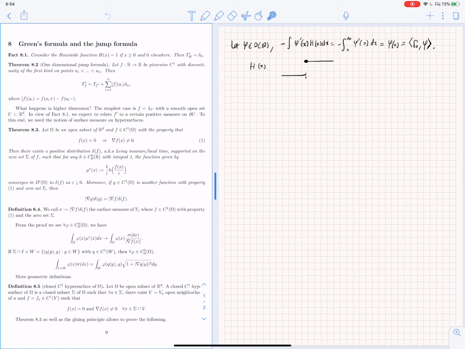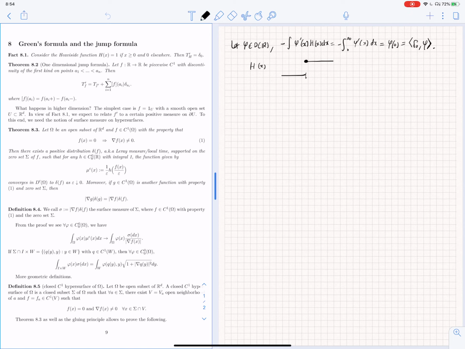And we have an additional term which corresponds to the jump term. The square bracket [f](Ai) means the jump size of f at the point Ai, and delta_Ai is the Dirac mass at the point Ai. So this is indeed a generalization of what we had before for the Heaviside function.